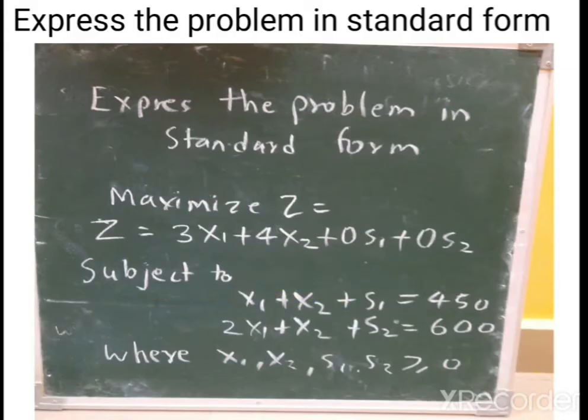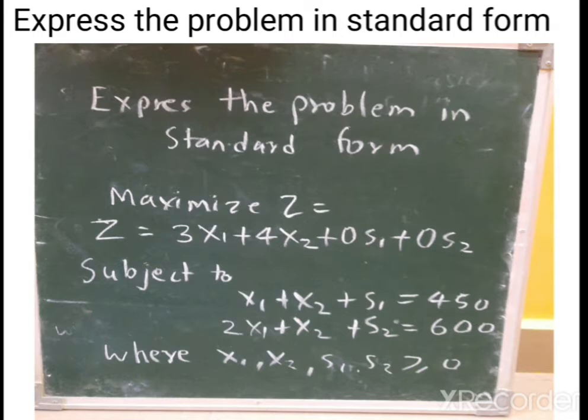So you can see this next equation. See, z equals 3x1 plus 4x2 plus 0s1 plus 0s2. Writing 0 here means there is no change in the main solution. So s1 and s2 are slack variables.